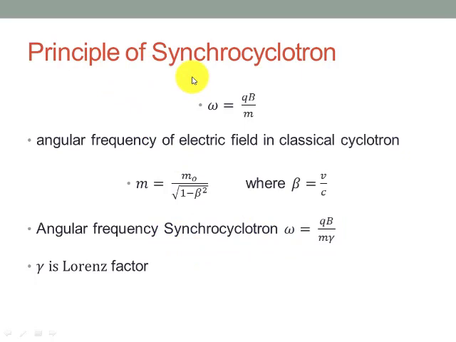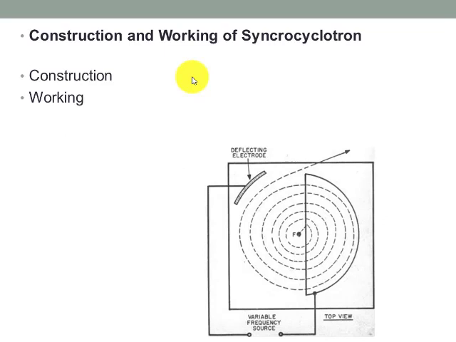Okay, now let's move further to discuss the construction and working of the synchrocyclotron. The synchrocyclotron consists of one D, and the D is placed between the poles of an electromagnet. The pole pieces are shaped to provide magnetic focusing, or the magnetic field must decrease outward from the center for the compensation of the relativistic effect.